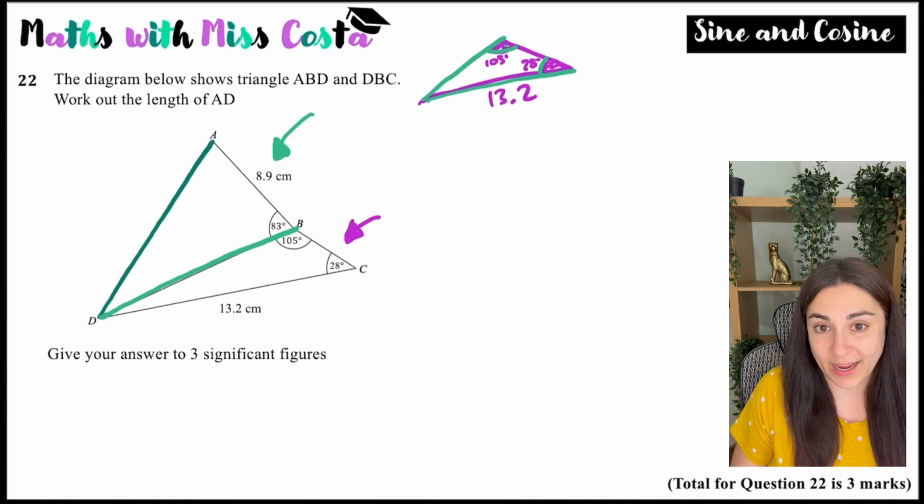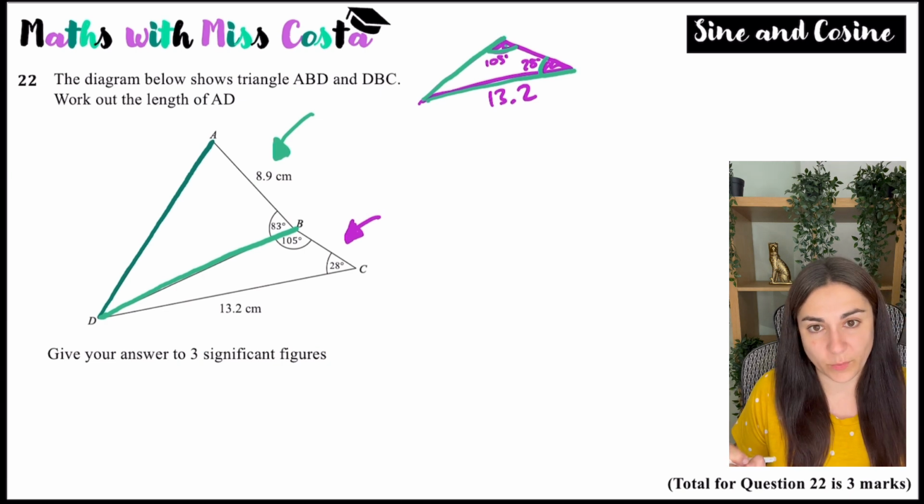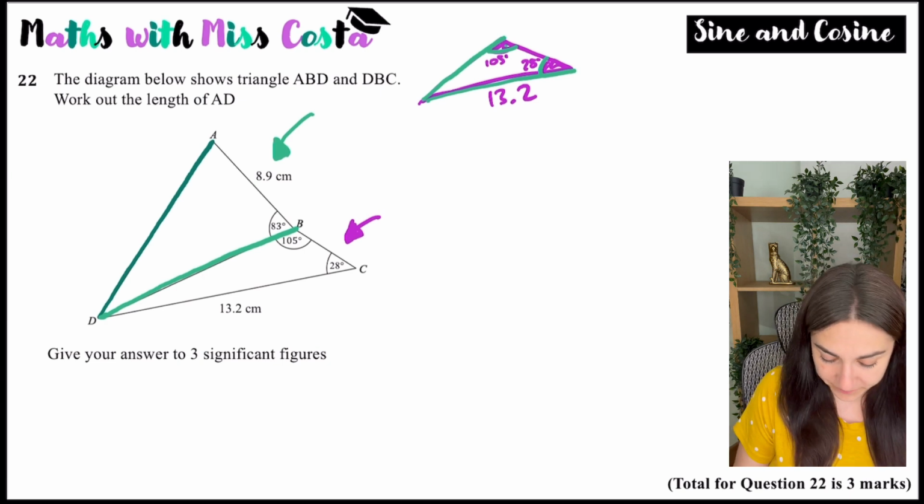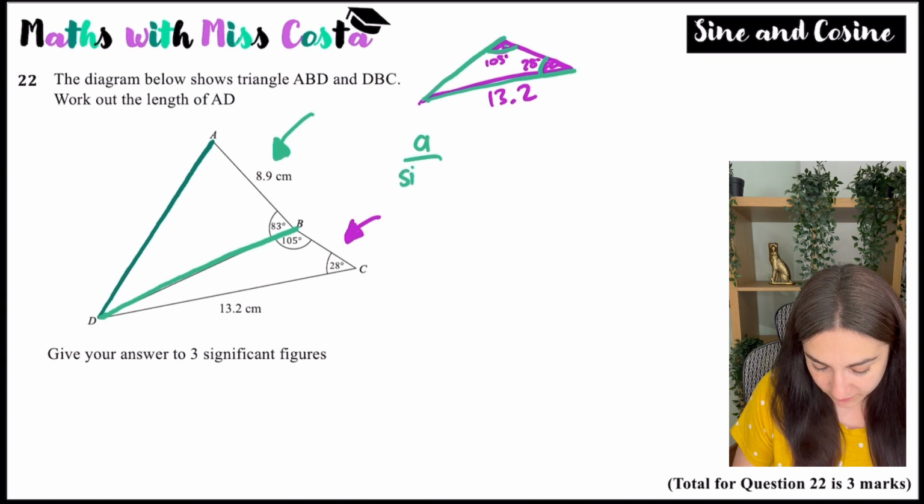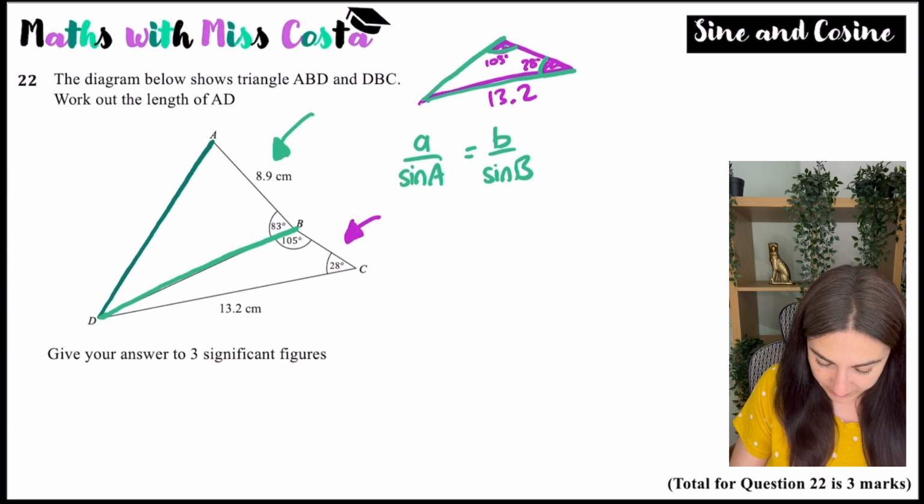So I'm trying to work out a side, and remember, whatever you're trying to work out, you want to be the numerator. So I'm going to say a over sine A equals b over sine B, and just substitute those values in. So this could be big A, this would be little a, this would be big B, this would be little b.